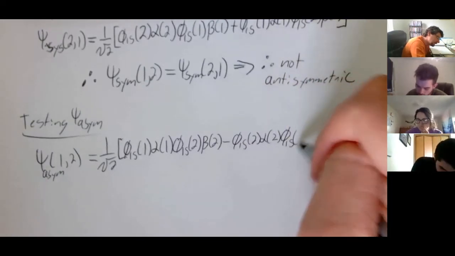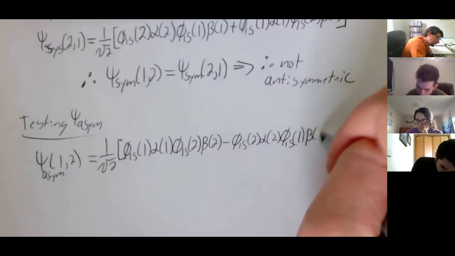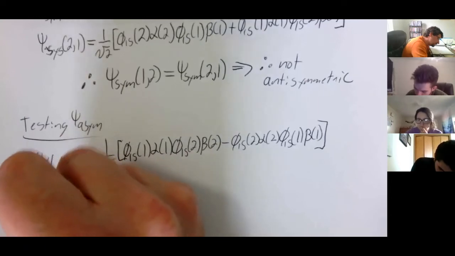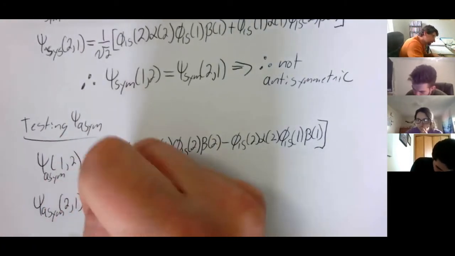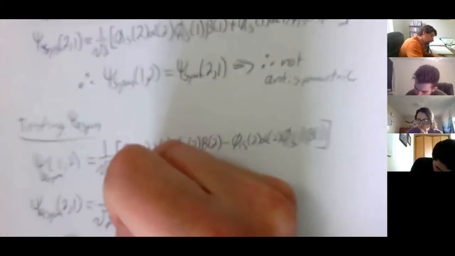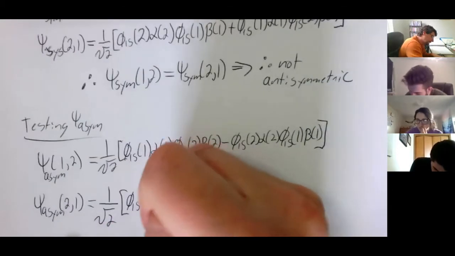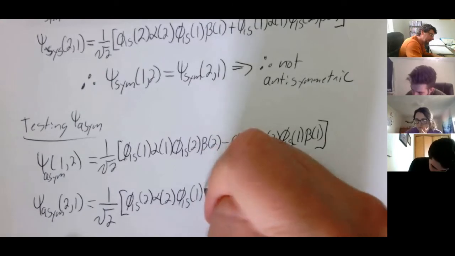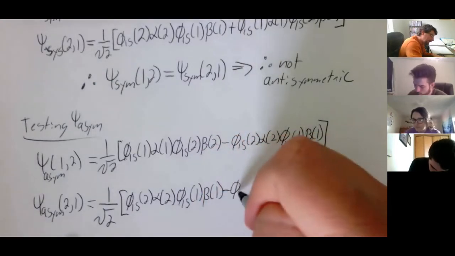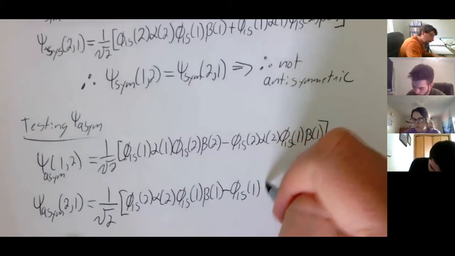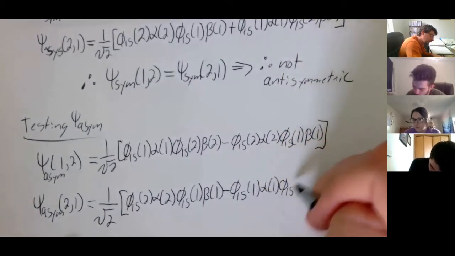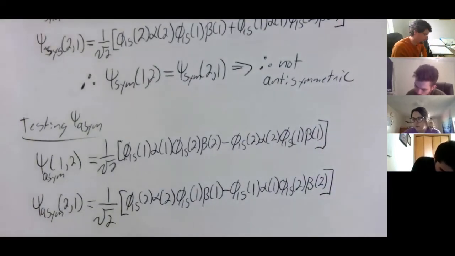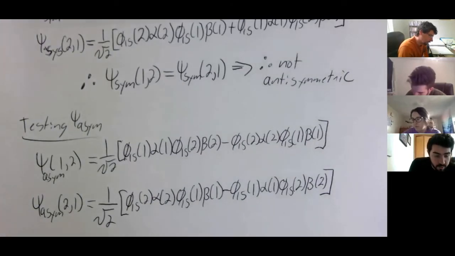Plus 2, 1. Should this be negative asym, or are we just saying that?